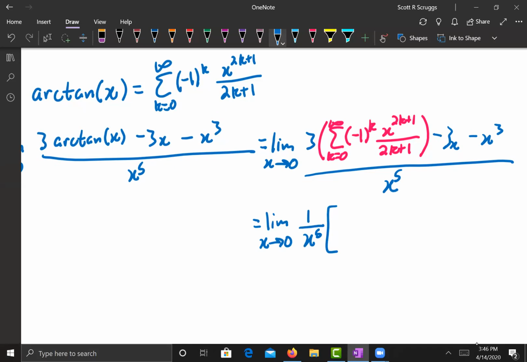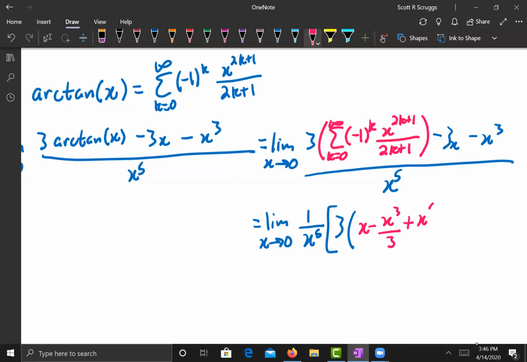So I get 3, and if I expand, k equals 0, plug in 0 for k, I'll get x. Plug in 1, I'll get a negative. Plug in 1 in the exponent, I'll get 3, and in the denominator, I get 3. So I'll get x cubed over 3, and k equals 2. I'll have -1 squared, which is a plus. Then in the exponent and denominator, I'll have 5.